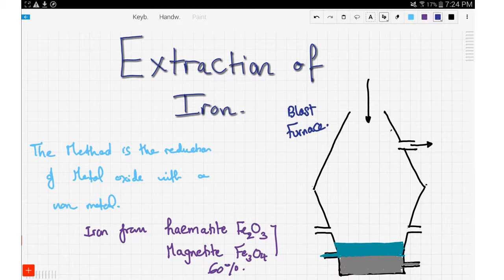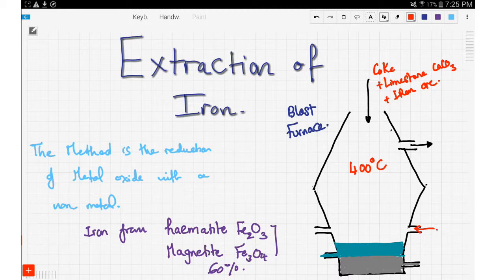Well, in the blast furnace, coke is added plus limestone, which is calcium carbonate, in addition to the iron ore. Now the blast furnace has a temperature of 400 degrees Celsius, and this is provided through pumping hot air.